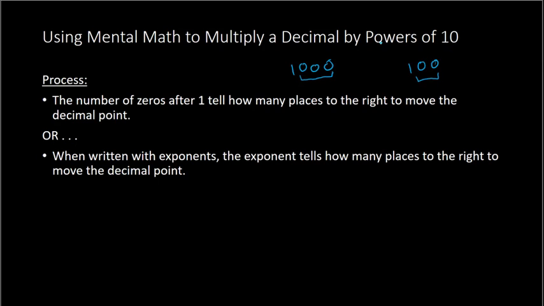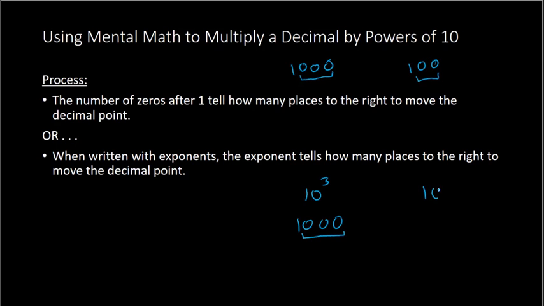So for example, if you're multiplying by 10 to the third power, which by the way is the same thing as 10 times 10 times 10, or 1,000, the 3 is your exponent, but it's also the same number of zeros after 1. So here we just move the decimal point 3 places to the right.